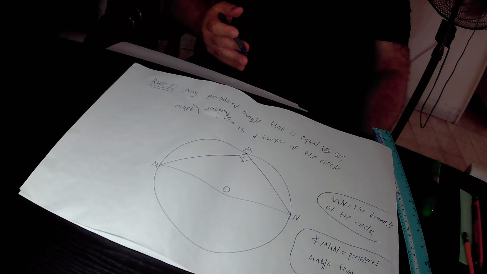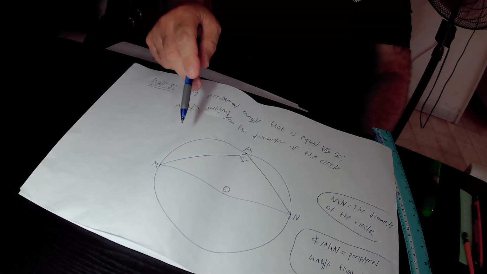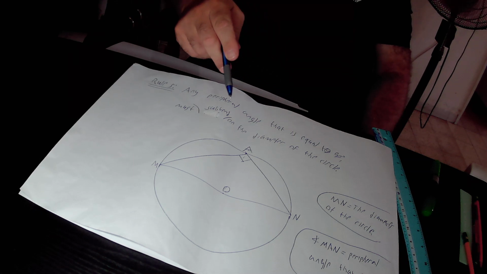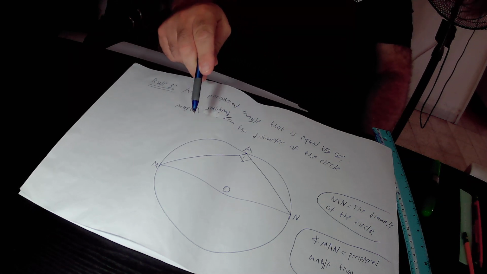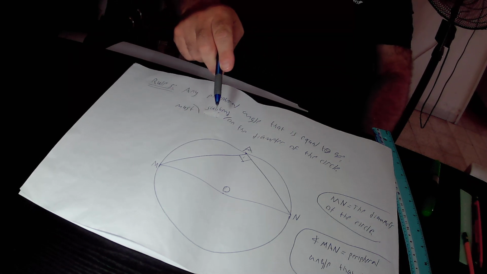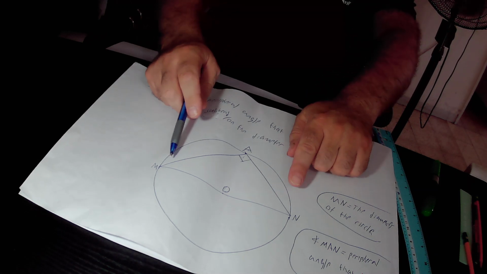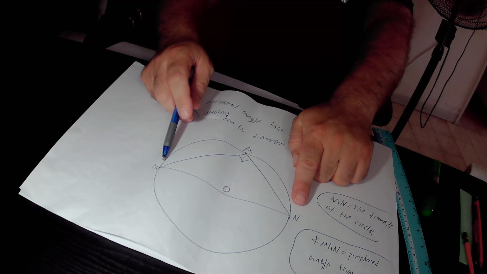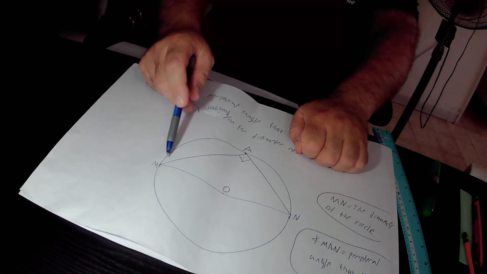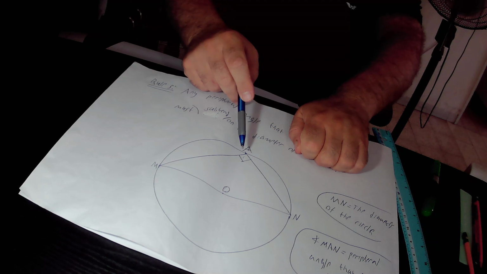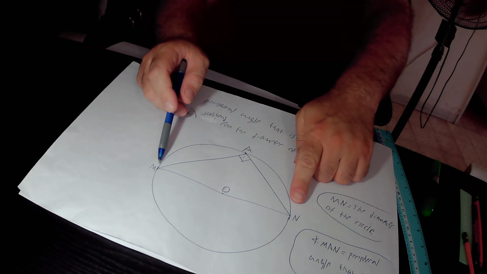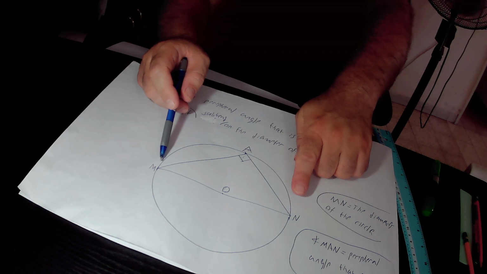And according to this rule 5, whenever you have a peripheral angle that is a right angle, then this peripheral angle must subtend on the diameter of the circle. That is to say, MN is the diameter of the circle.